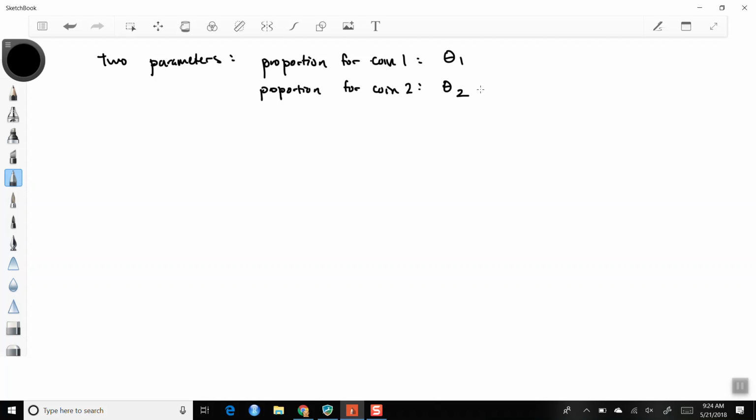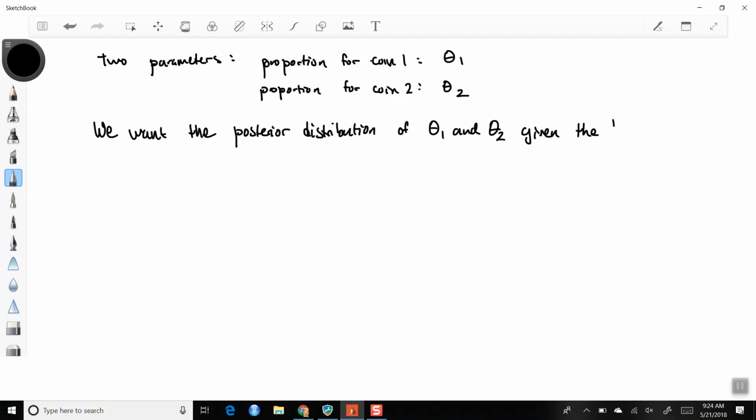And what we want is the posterior distribution of theta 1 and theta 2 given the data, which we will just call D. So we want the posterior distribution of theta 1 and theta 2 given the data D.